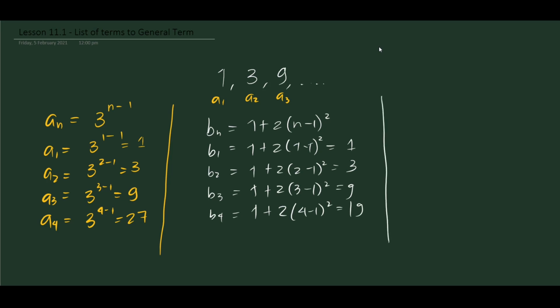so as you can see right here, here is the thing that we need to take into account. As you can see here, for the first three terms, we satisfy the list right here. We have 1, 3, and 9, right? And we have very different general terms here.